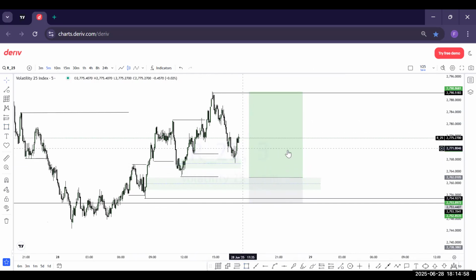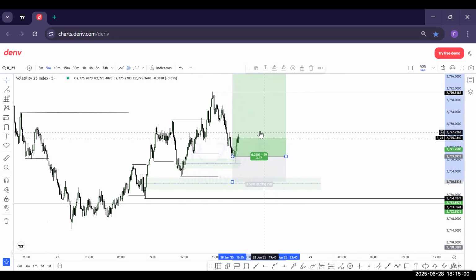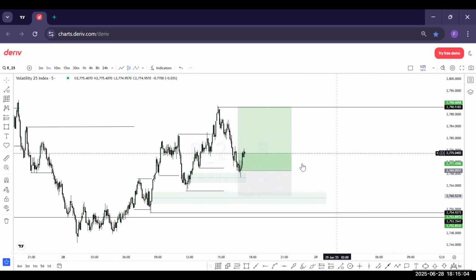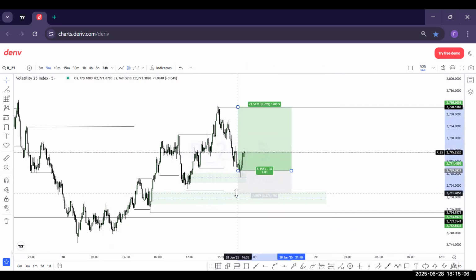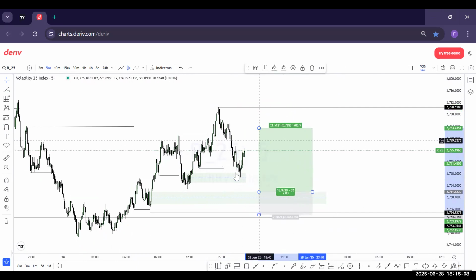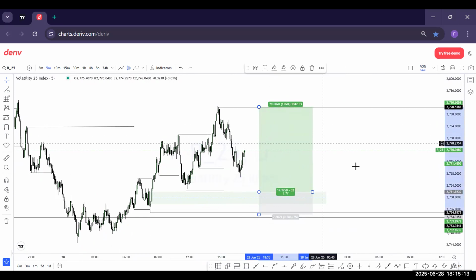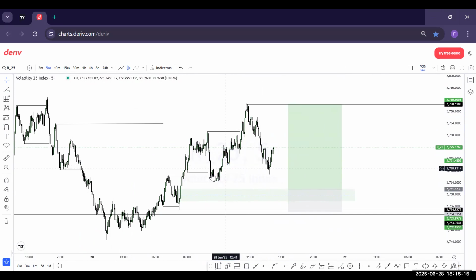Can you see it? You need to open your eyes clearly to see this. 1:2, I'll still wait for this if price eventually comes back. But this is a more valid inducement for me.